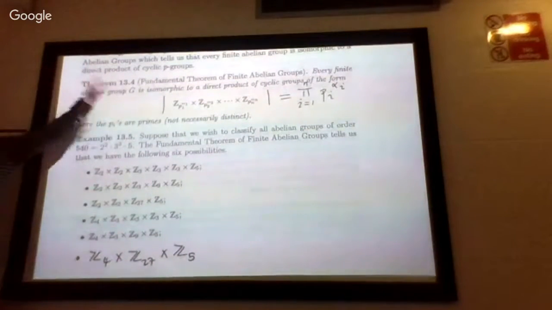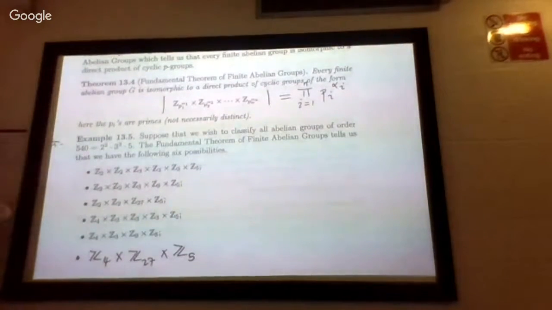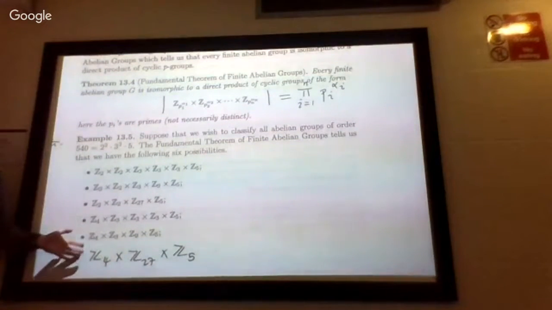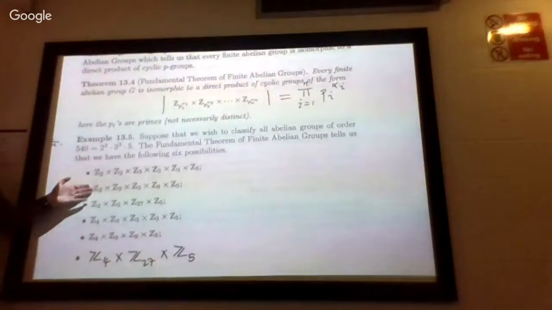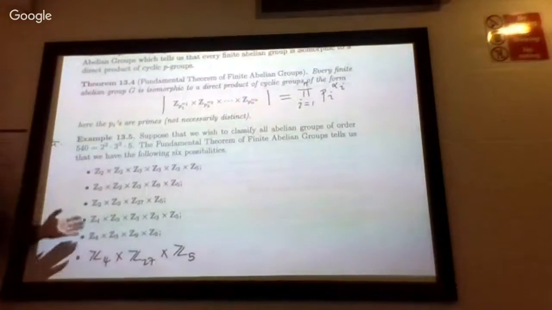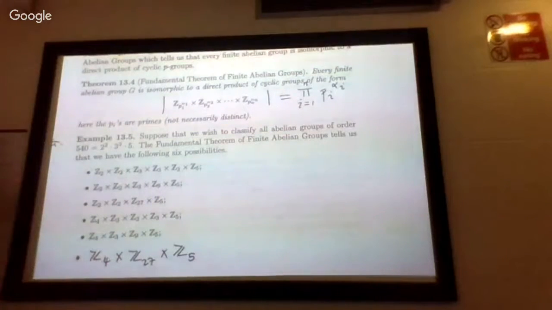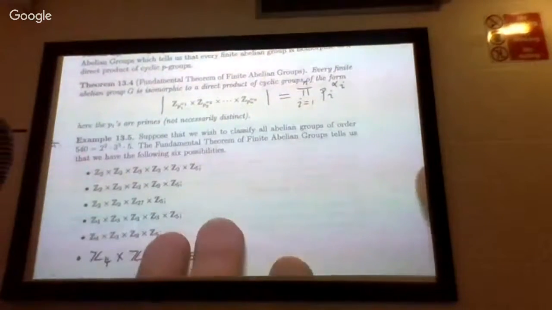Well, with the aid of this theorem, and once we prove it, what we'll be able to say for definite is that there are only 6 possibilities. These 6 are representatives of each of the isomorphism classes. Any finite Abelian group of size 540 will be isomorphic to one of these. That's the strength of the result. That's what the result is saying.